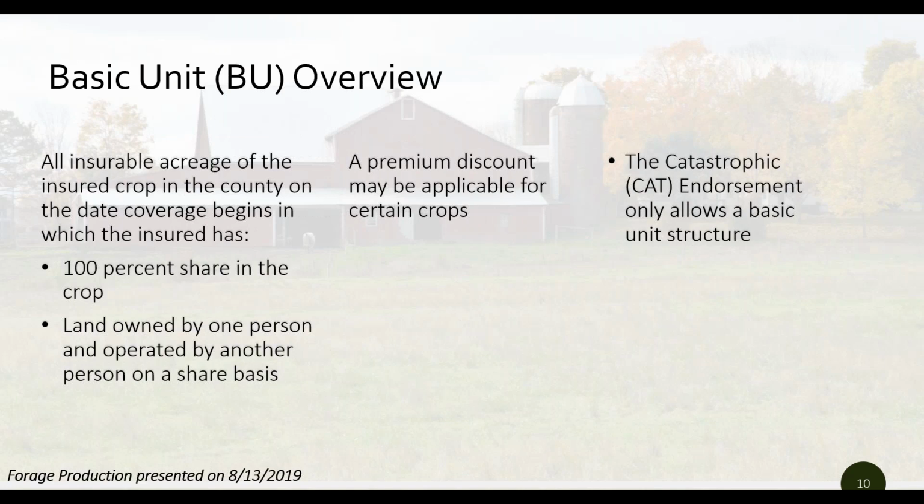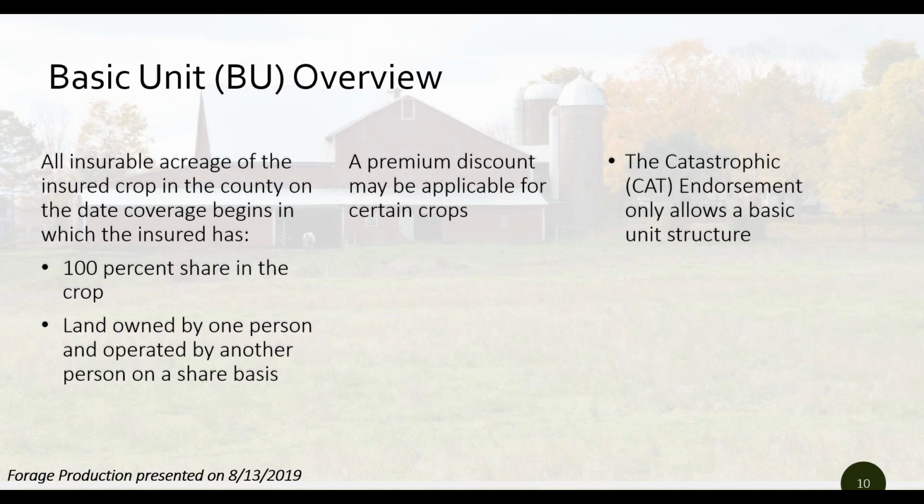Basic units are available for most of the crop programs, or all the crop programs. Simply, a basic unit is all insurable acreage of the insured crop in the county on the date coverage begins, in which the insured has 100% share in the crop, land owned by one person and operated by another person on a share basis.